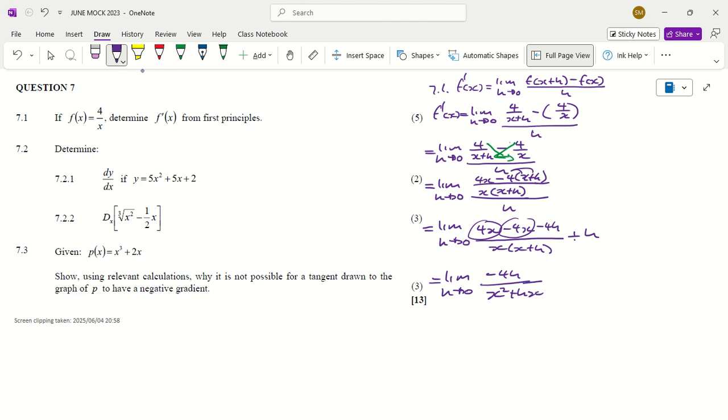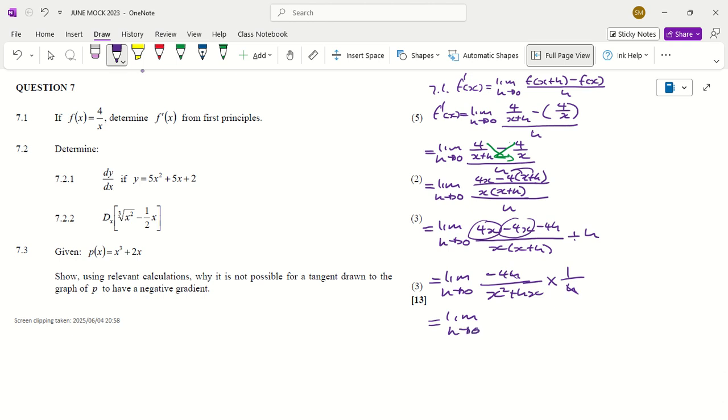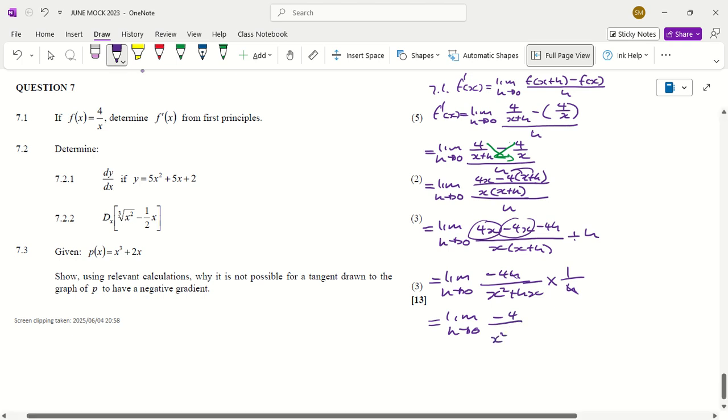Then I change this to multiplication and flip this to 1 over h, and now h and h cancel out. Then the limit as h approaches 0 is equal to negative 4 over x squared plus 8x.